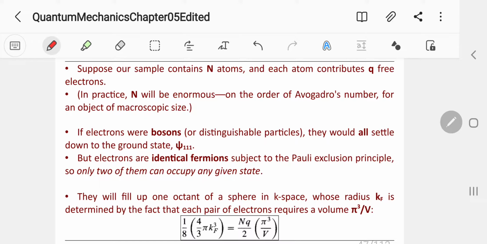Thus, only 2 electrons can be in one of the boxes in k space at the same time. So if you look at 1 octant of the k space, and in that octant you have n atoms, then you will have nq electrons in that octant.